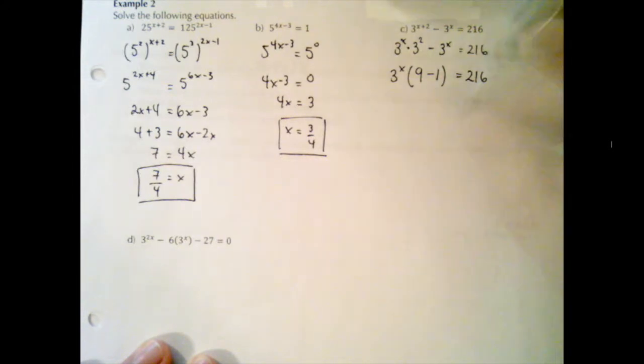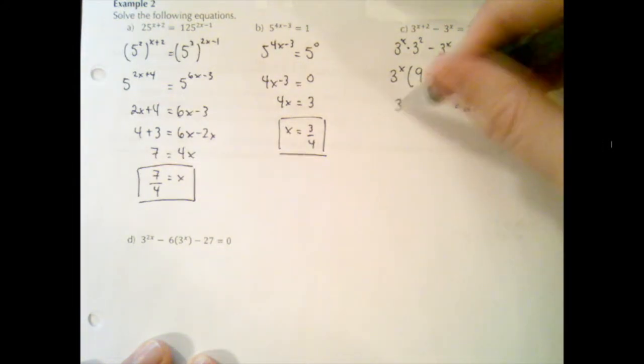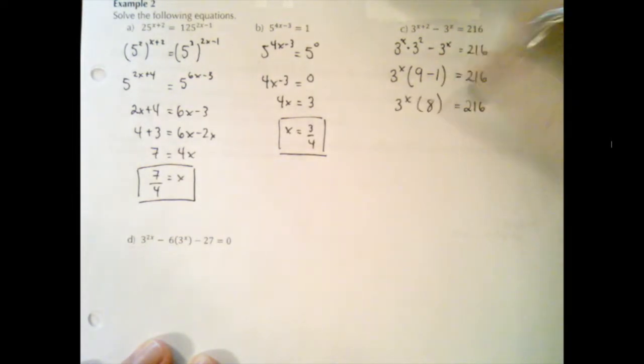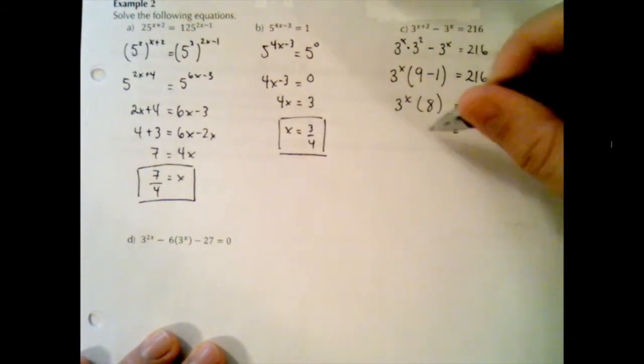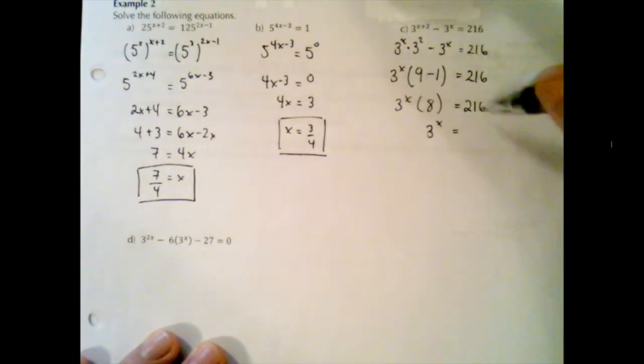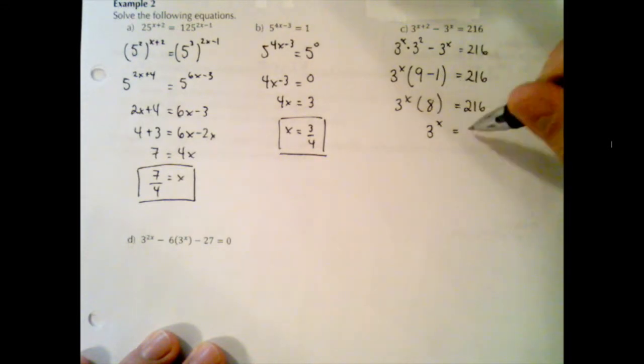And 9 minus 1 is 8. So now we have 3 to the exponent x times 8 equals 216. Well, if we divide both sides by 8, we have 3 to the exponent x, and 216 divided by 8 is 27.